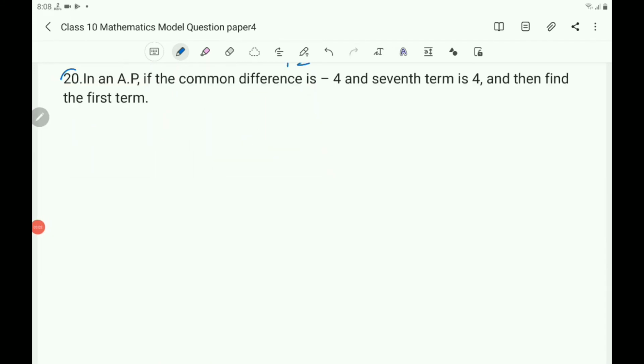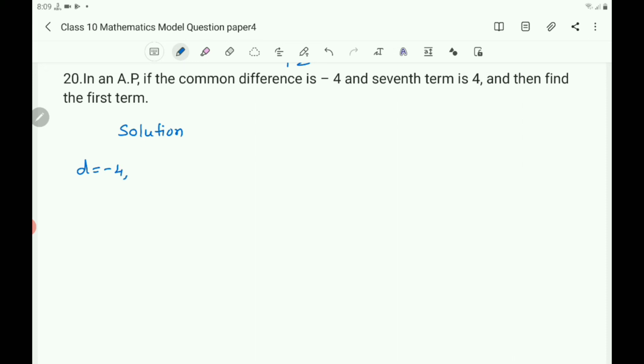Now the question number 20. In an AP, if the common difference is minus 4, seventh term is 4, then the first term is, here we have to find the first term. So you write the solution. What is given? D is given. You write D equals minus 4.